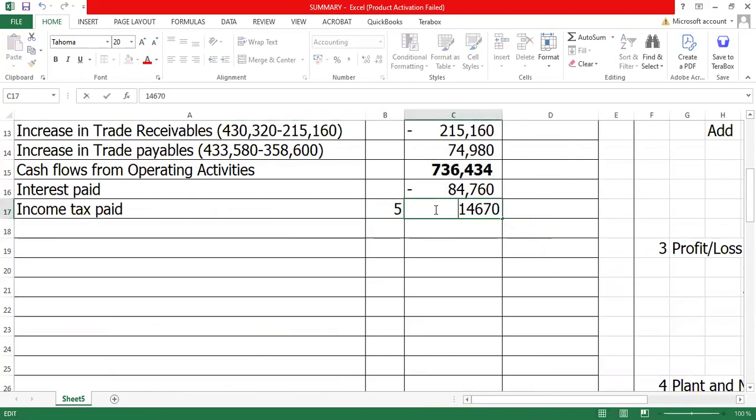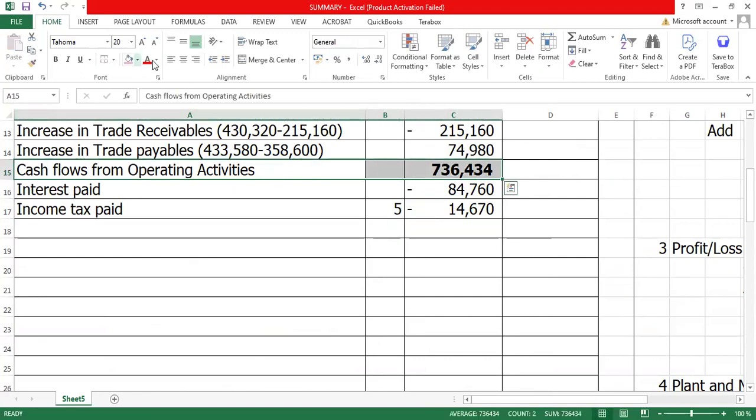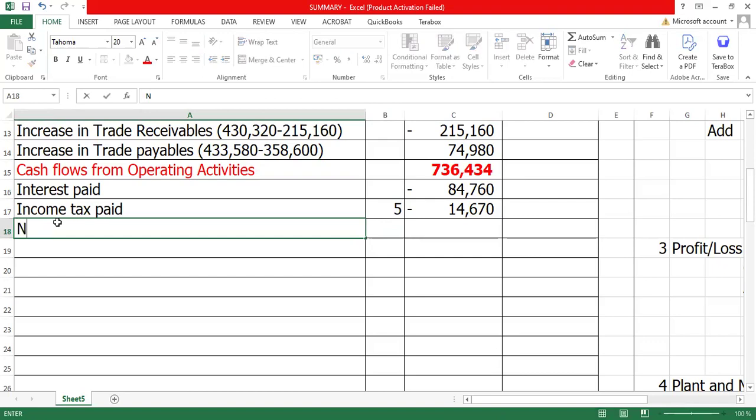But it should be negative because it's a cash outflow. So finally, get your figure here. Get this, then you subtract these figures. You will have net cash.